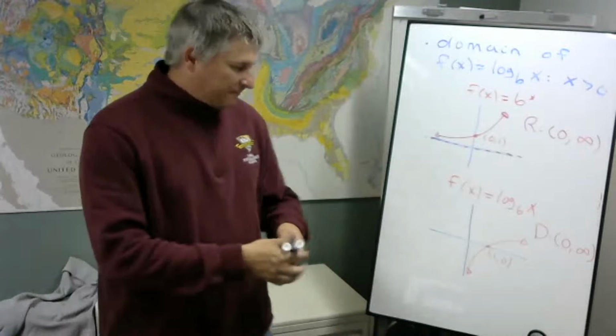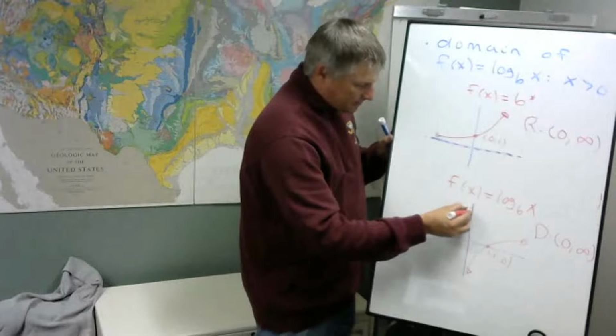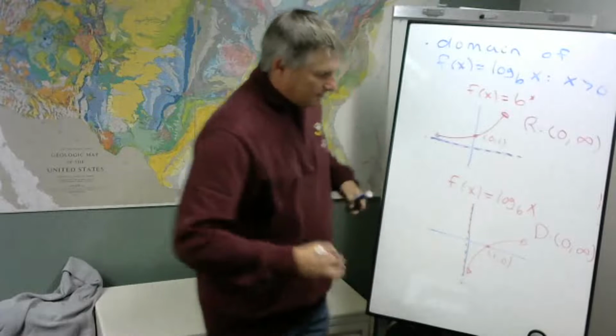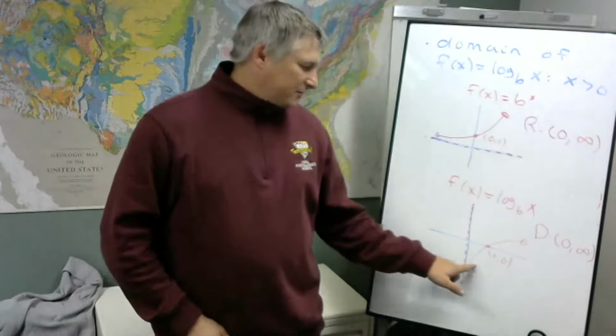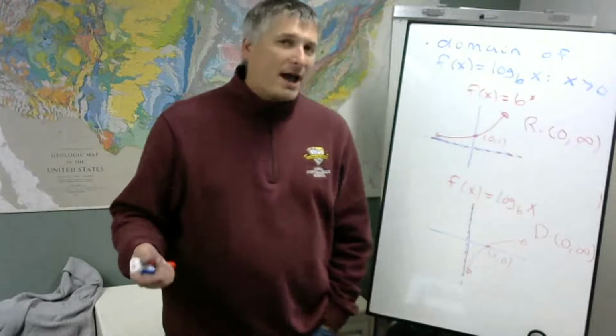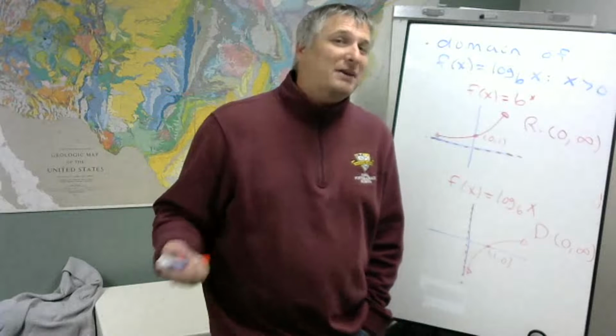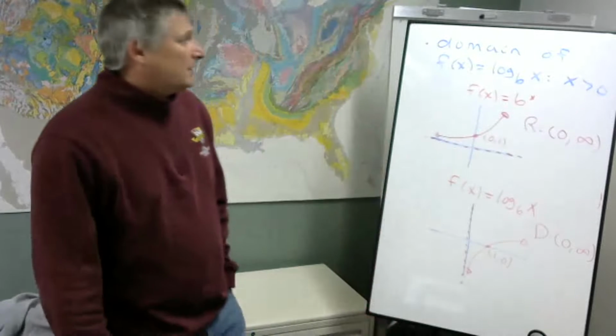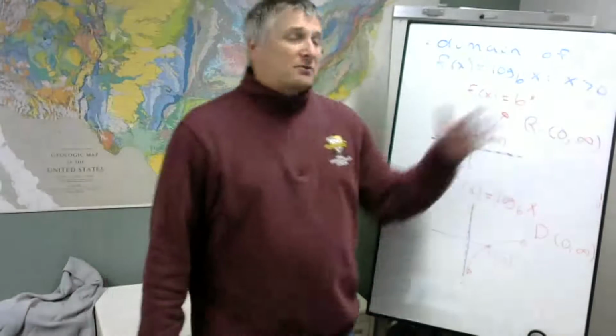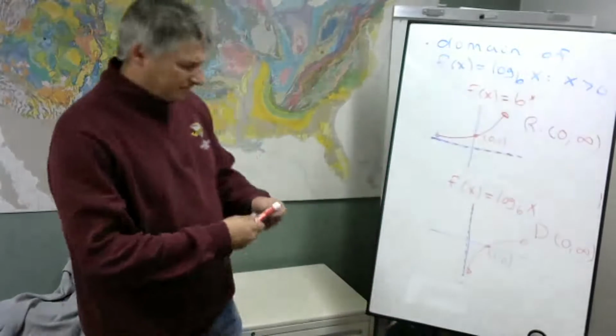And sure enough, we've got a vertical asymptote that says this function will never contact the y-axis. And the y-axis is where x equals 0. So the domain for this is x greater than 0.